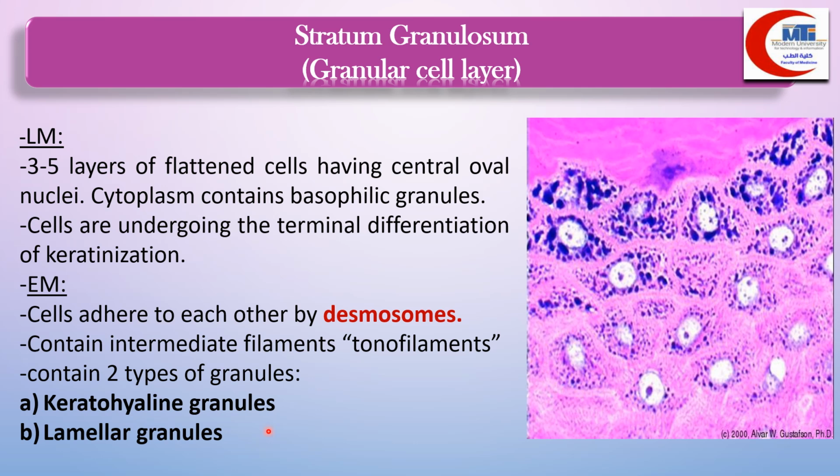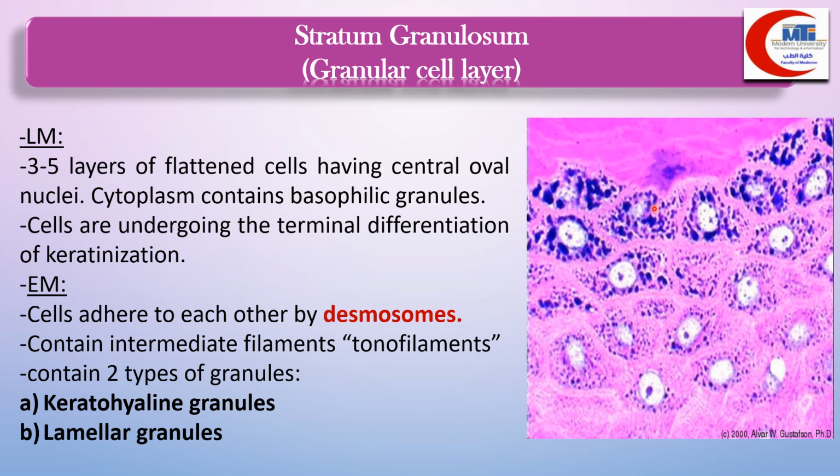The stratum granulosum or granular cell layer, by the light microscope, consists of 3 to 5 layers of flattened cells with central oval nuclei, and the cytoplasm, as we see in this picture, contains deep basophilic granules.